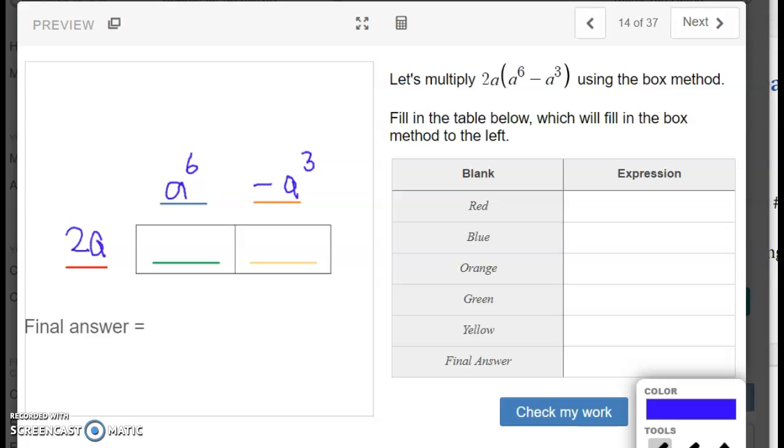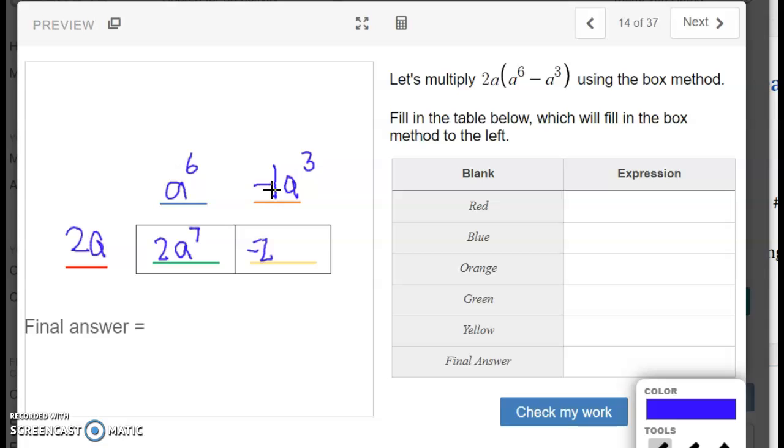2 times 1 is 2. A times a to the power of 6 is going to be a to the power of 7. 2 times this is, again, you can think of it as -1. Okay, when you don't have a number here, you can think of it as -1. -1 times 2 is -2.